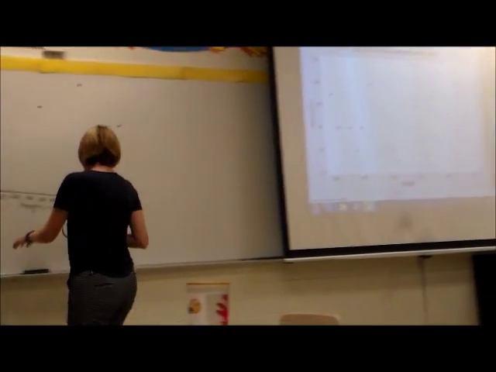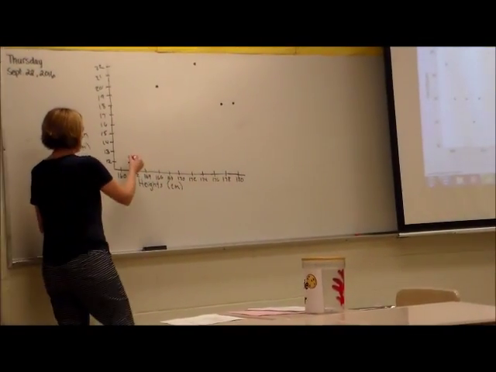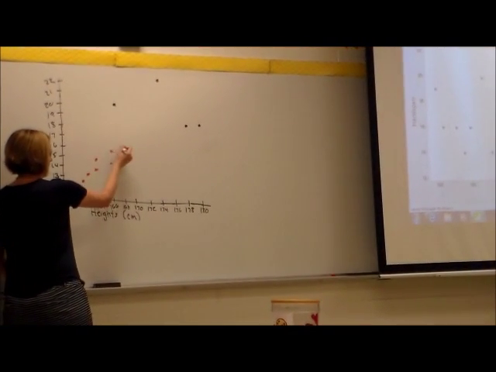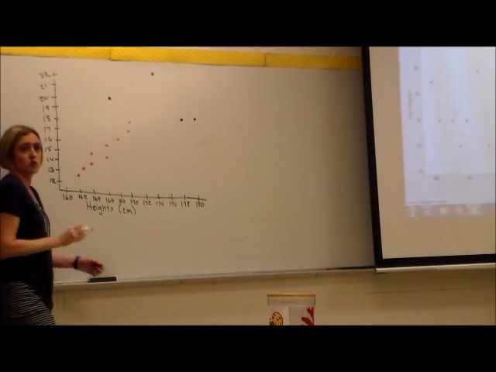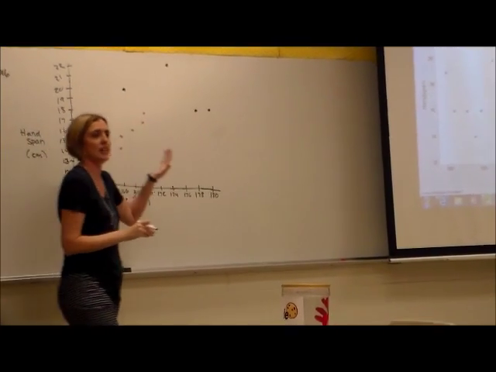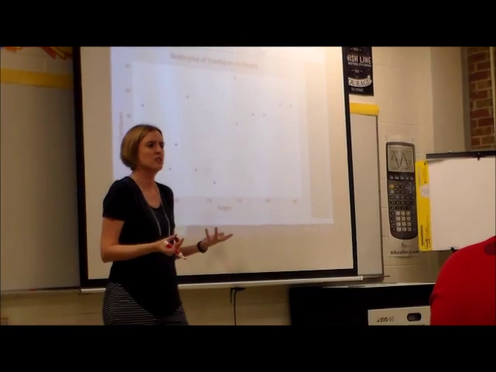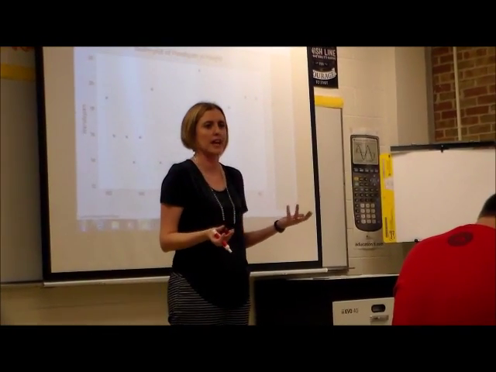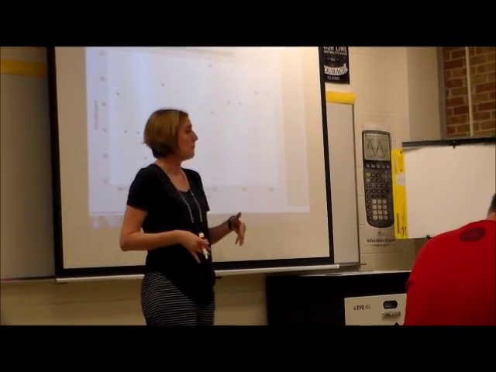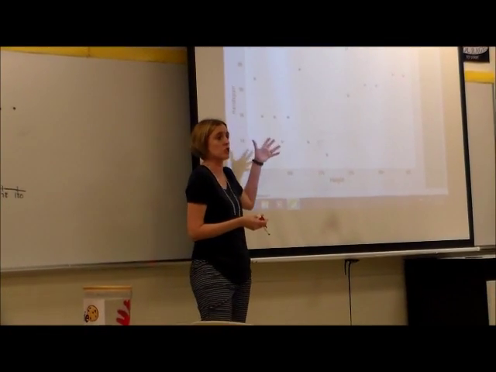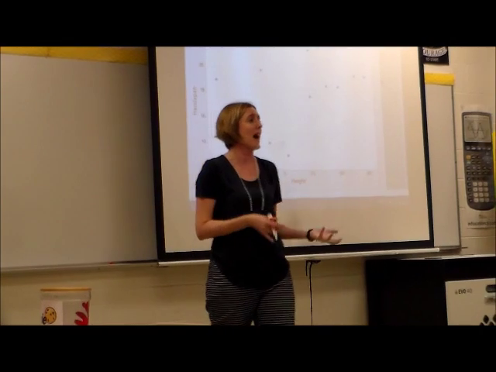If it was a strong positive relationship, the dots would be more linear. Do we have a very linear plot here? No. So we could say it's more of a weak positive relationship. There still looks to be a relationship, but it's weak.